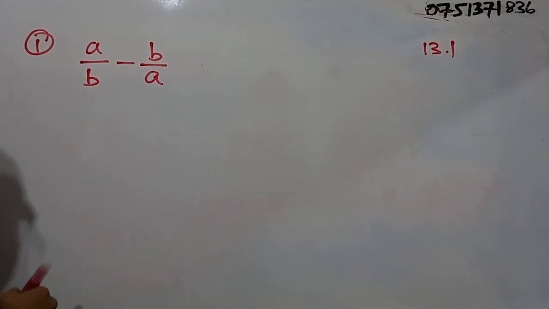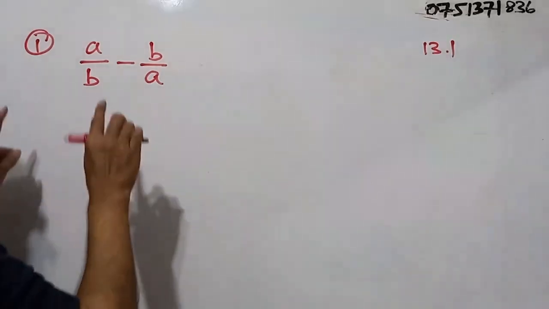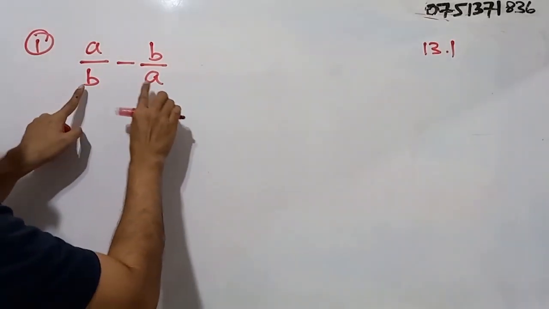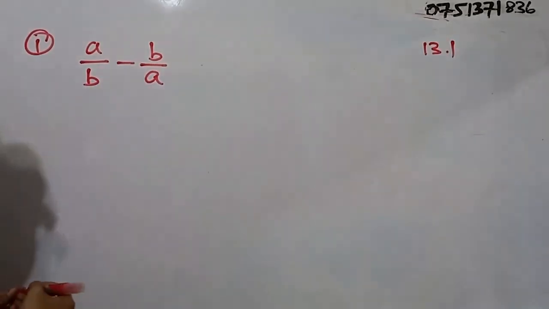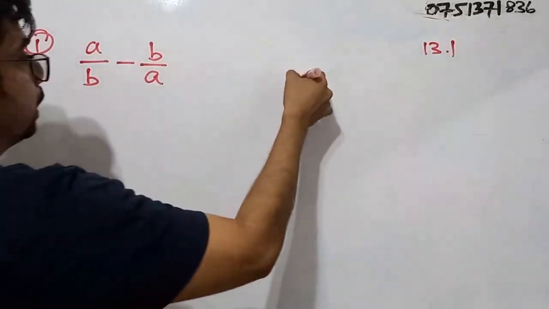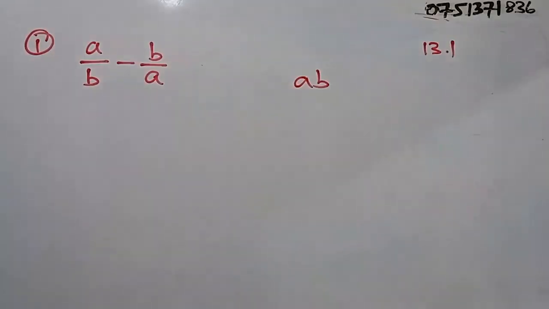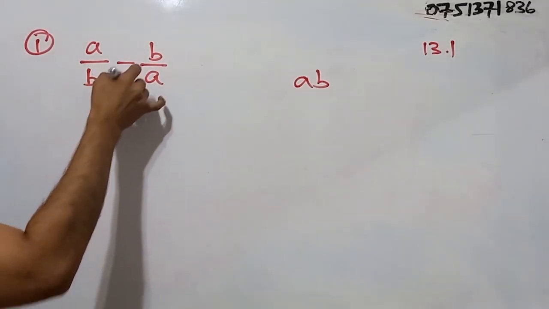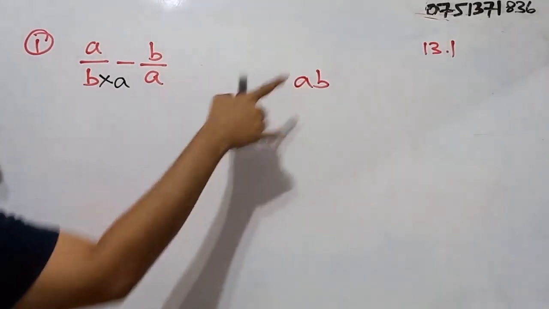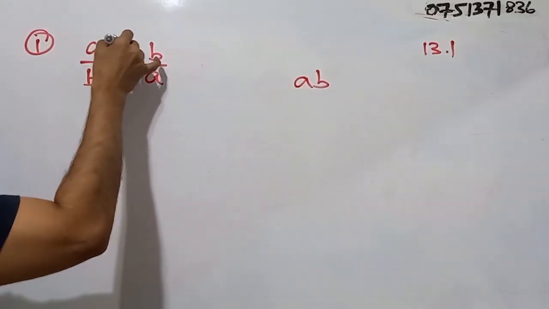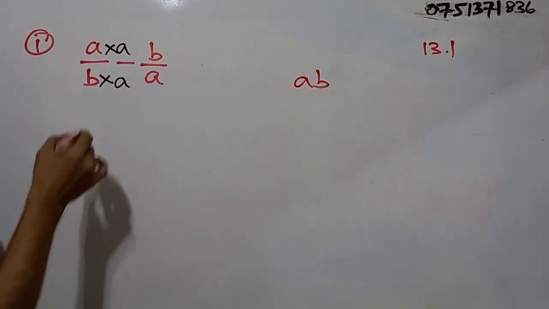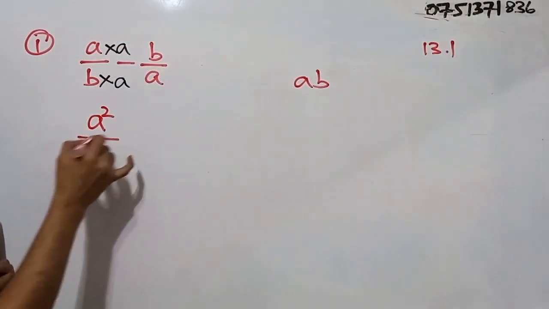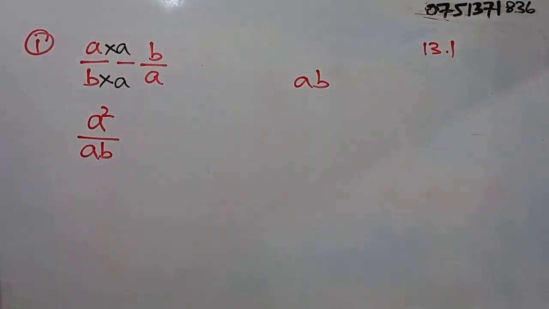Okay, simple. Here we have two denominators, a and b. So what should be the least common denominator? ab. Take the first fraction. We need to multiply b by a, then we will get ab. So we have to multiply the numerator by a as well. So what do we get? a squared by ab.